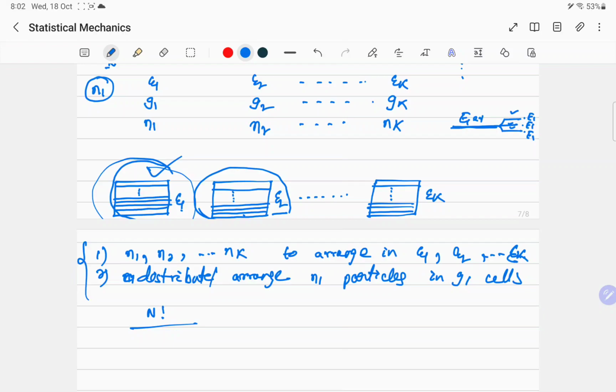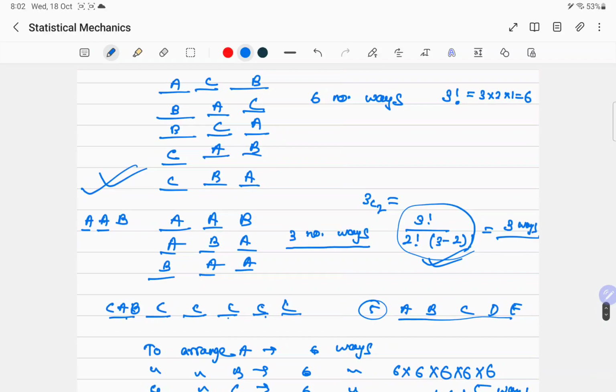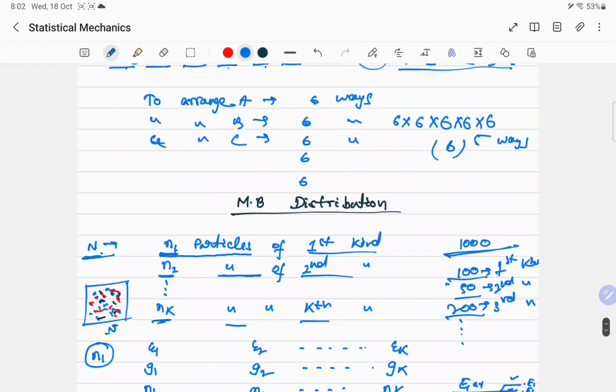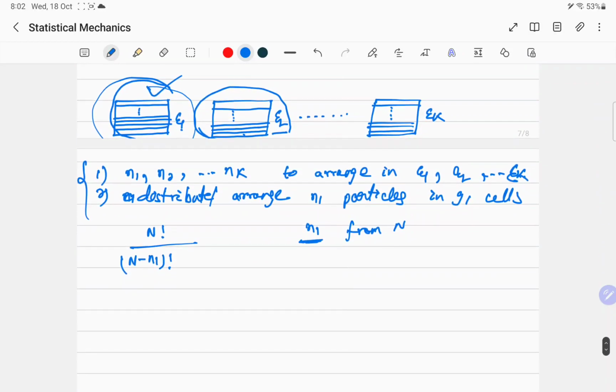Now I wish to take n1 from n, so it will be n minus n1 factorial, because when I took n particles, the n1 particles are already inside them. This is the repetition, just like 3 factorial divided by 3 minus 2, where 2 was the number of repetitions. Here the number of repetitions is n1. So it is n factorial by (n minus n1) factorial times n1 factorial.